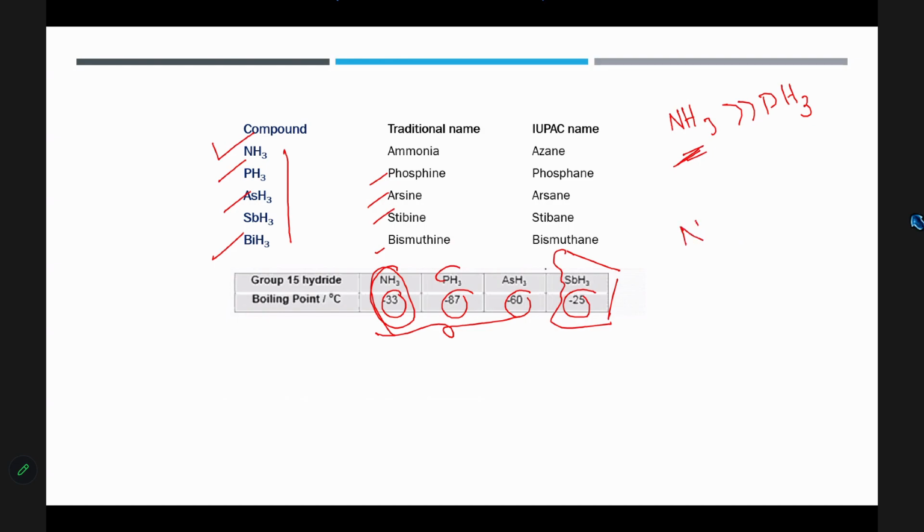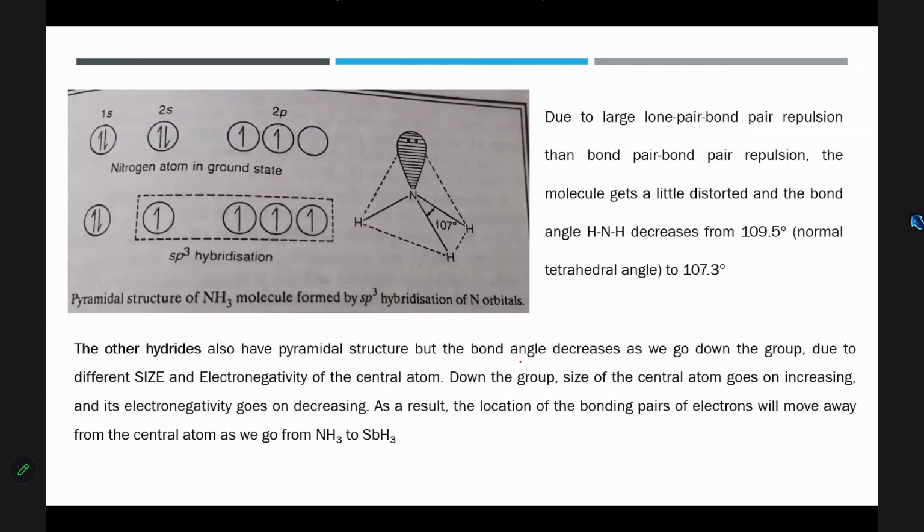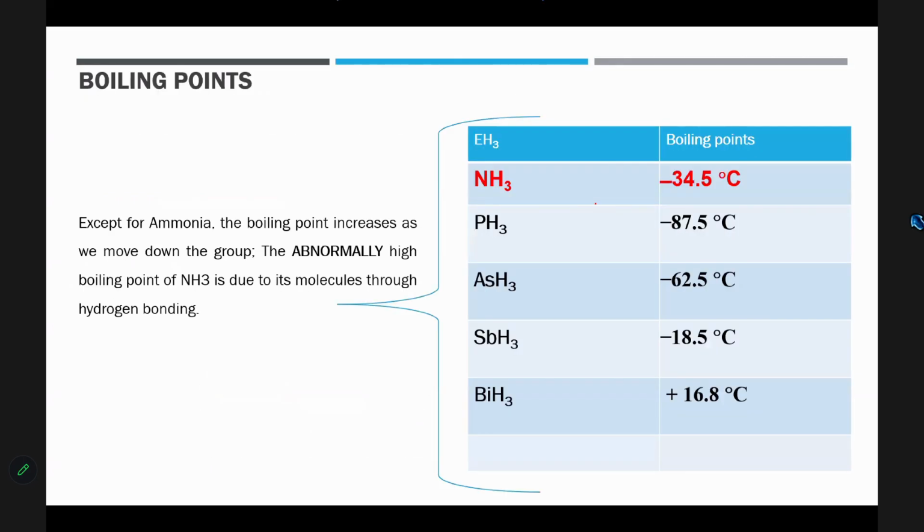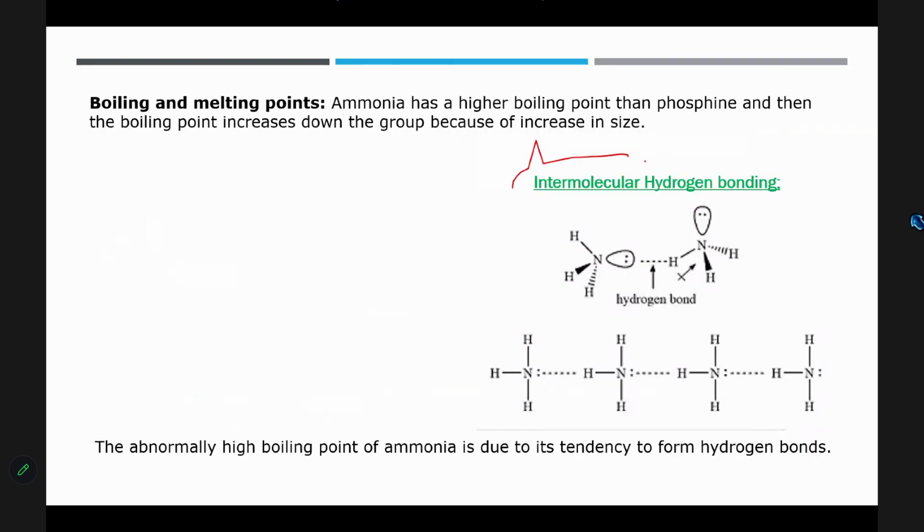That's exactly correct. In the nitrogen case, it has high hydrogen bonding, as one of the colleagues said. Hydrogen bonding is between what? It's written here. It is intermolecular hydrogen bonding. Inter, not intra. Inter means between two ammonia molecules. One nitrogen has a hydrogen atom and the other nitrogen has a lone pair, right?